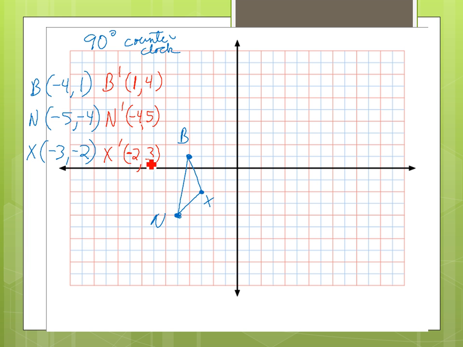So our points are going to be (1, 4). That's going to be B prime. Then (-4, 5), that's going to be N prime. And then X prime is (-2, 3).